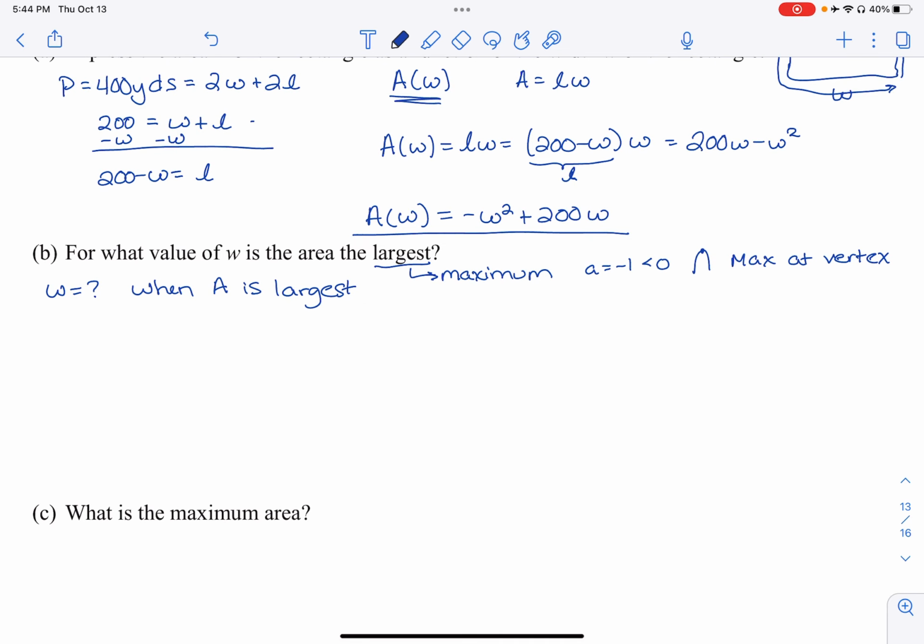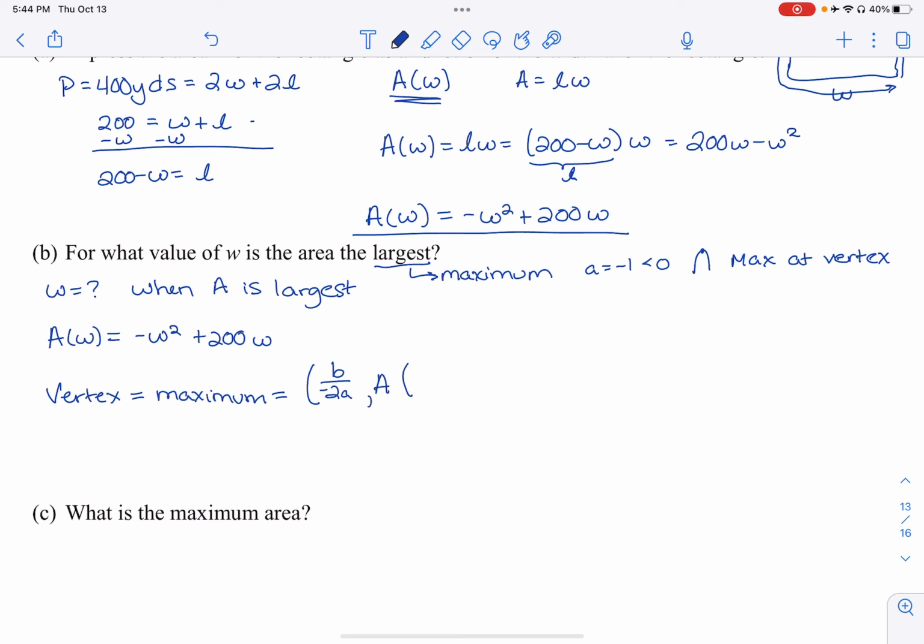So let's find what the vertex is of our A of W equation. We know that A of W is equal to negative W squared plus 200 times the width, the W. So that means that our vertex, remember, which is our maximum, is at B over negative 2A, and in this case, A of B over negative 2A.